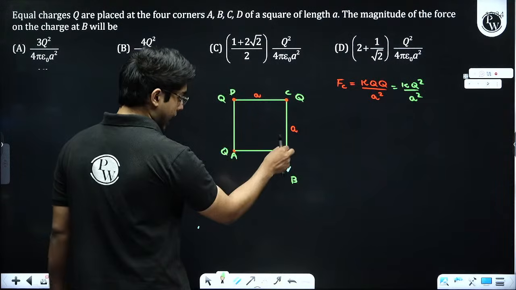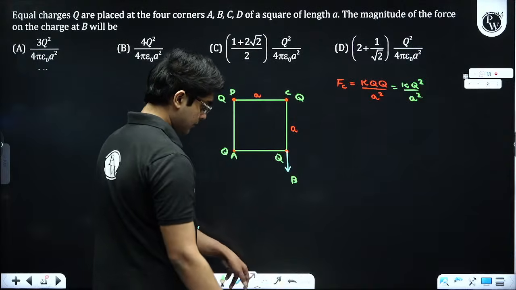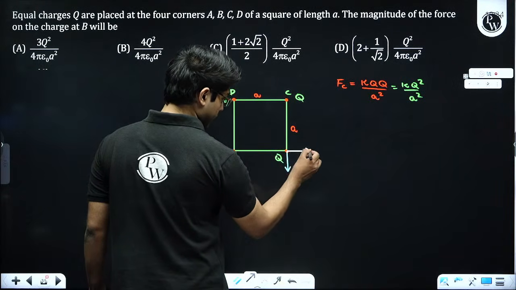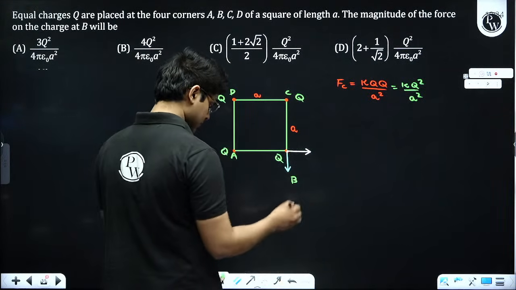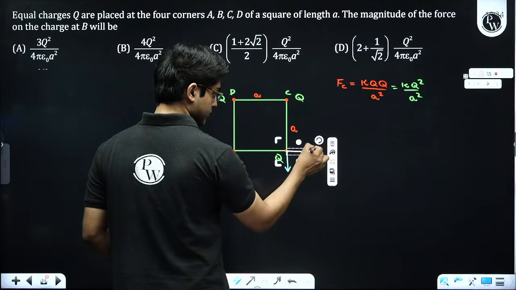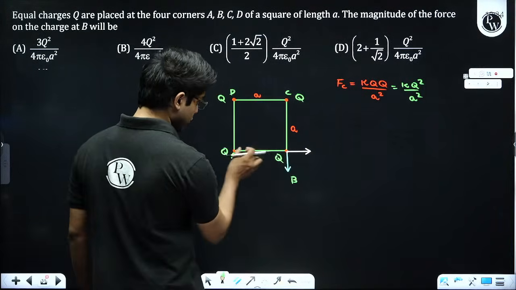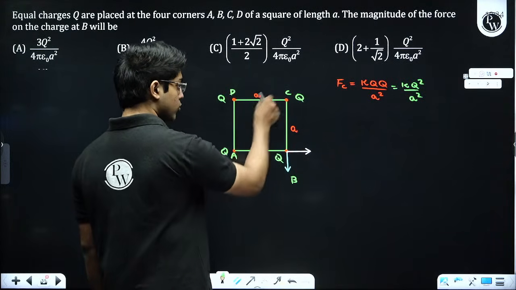Then the exact same force this A charge will also exert, okay, and that will be exerted to the right. This A charge will repel this Q in this direction. This will be the force due to A. Okay, so we wrote down the force due to two charges.